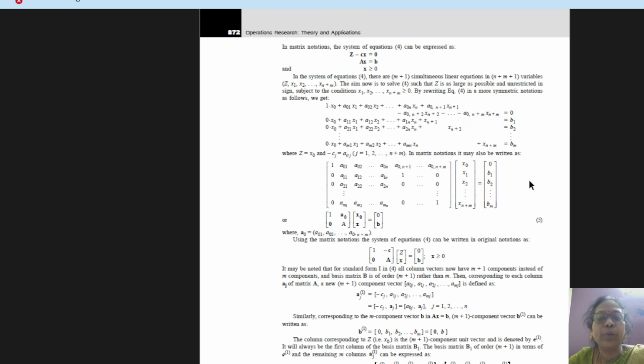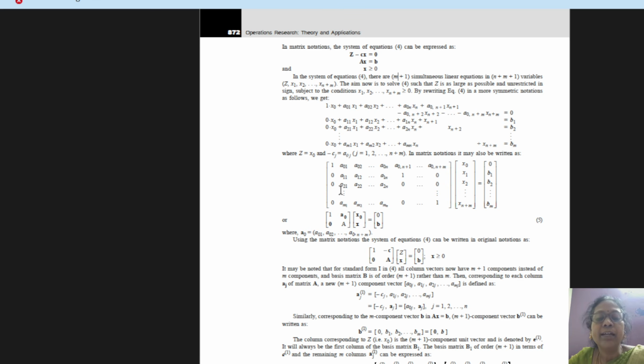And after writing it into matrix form, we have the format as if you're writing the coefficients alone in the matrix form, that we know, right? Because if you have simultaneous equations, we want to write them into matrix form. The coefficients are in the first matrix, that is the augmented matrix, and the decision variables are represented in the column matrix, which is equal to the solution, that is also a column matrix. So here your matrix is like this: 1, a01, a02, and so on, because the coefficients are represented as a01, a02, and so on for your z.